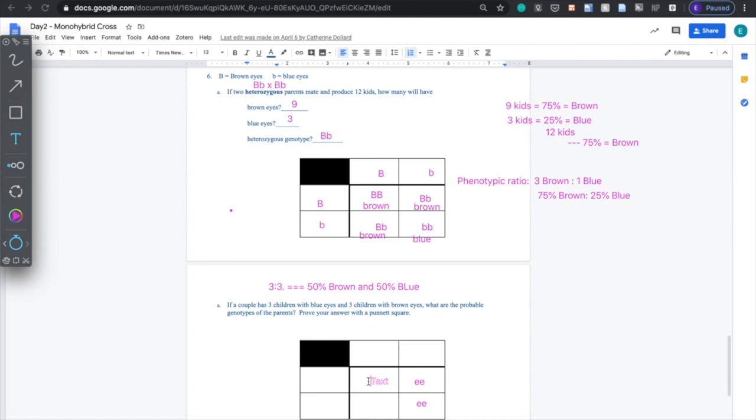And then we're going to put in heterozygous. So we've just worked backwards using the children's ratios to figure out the parent genotypes.